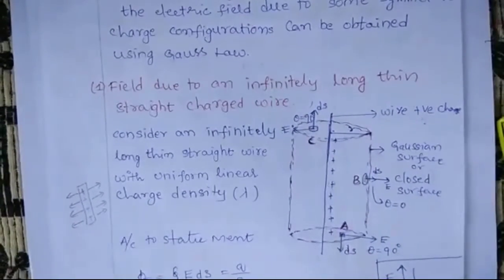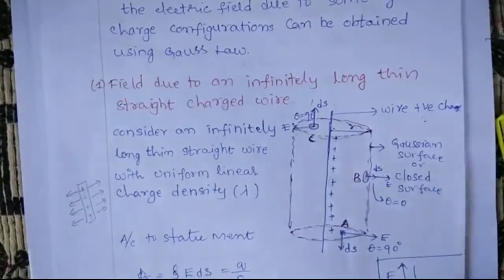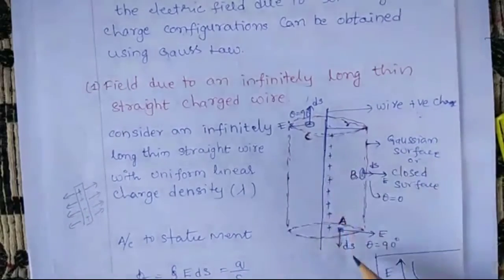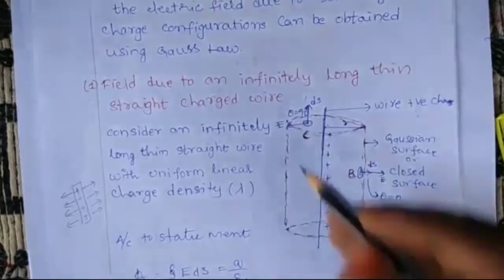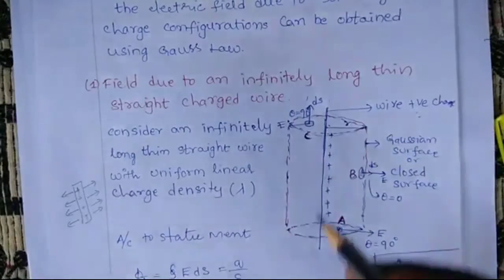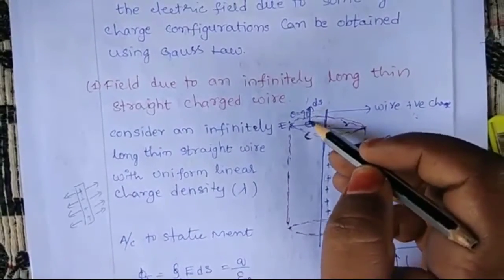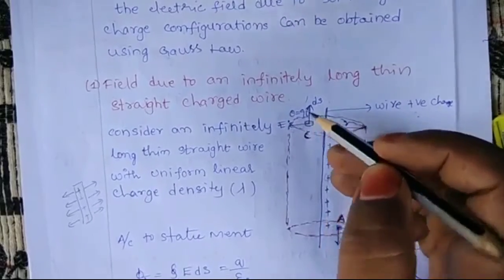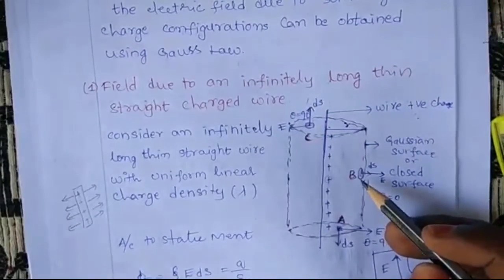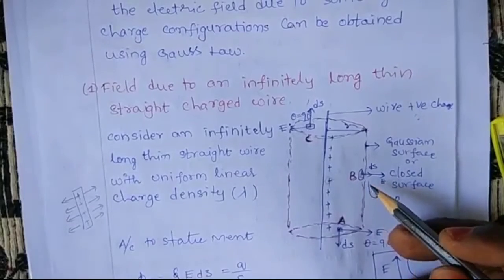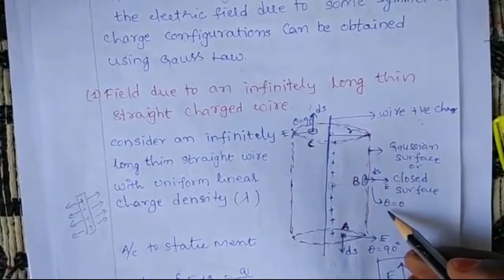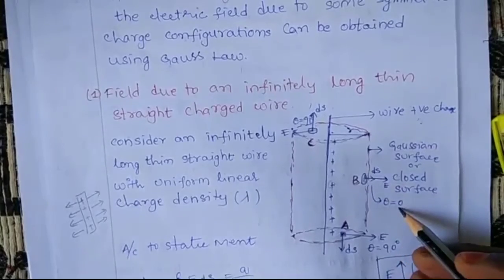According to the dot product, E ds cos theta is E ds cos 90, which is 0. So at A and C the electric flux is 0 because the angle between them is 90 degrees. At B we get the maximum flux because both are in the same direction, and the angle theta is equal to 0.